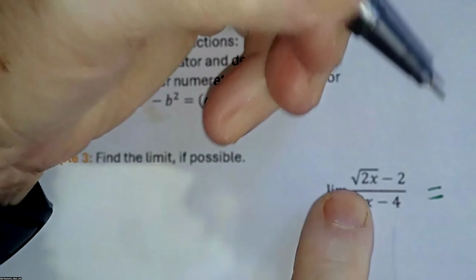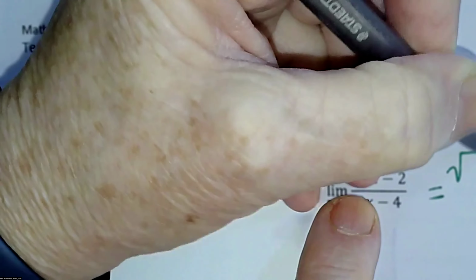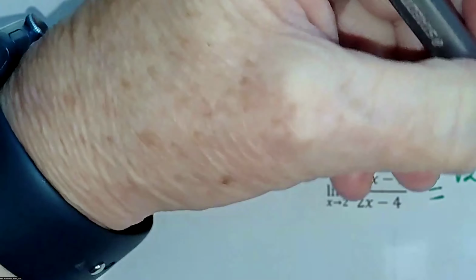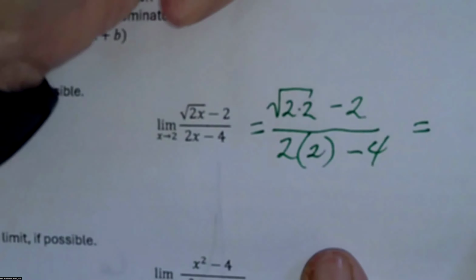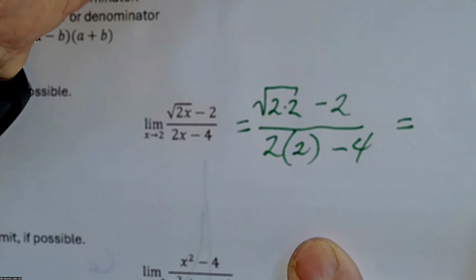If we just fill in 2, we'll have the square root of 2 times 2 minus 2, divided by 2 times 2 minus 4. What value do we get in the numerator? Zero.